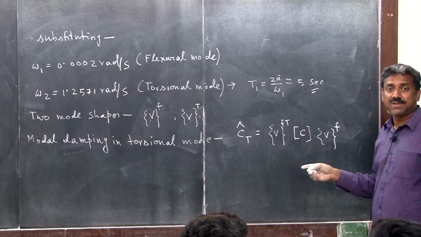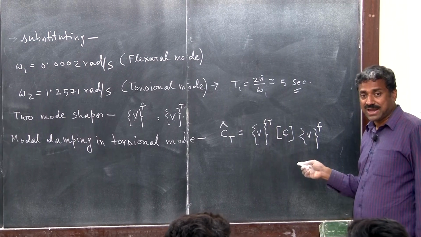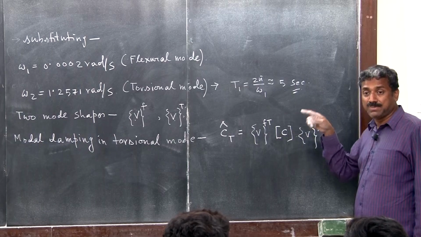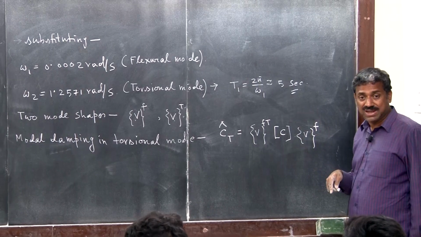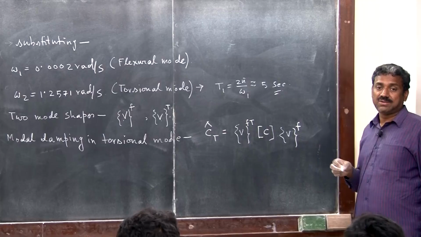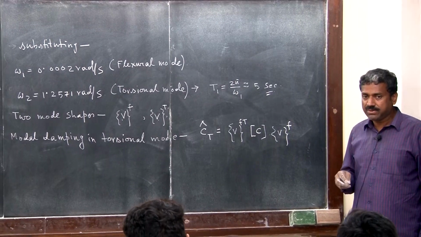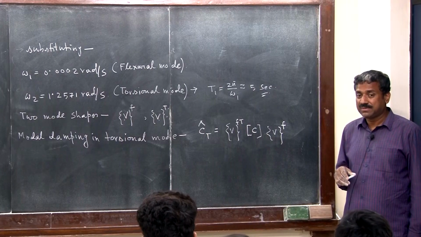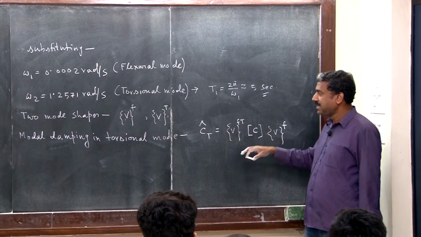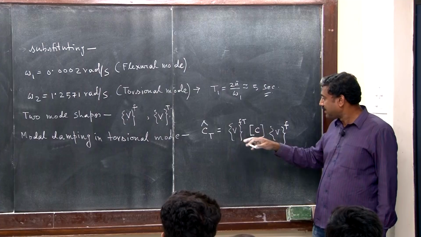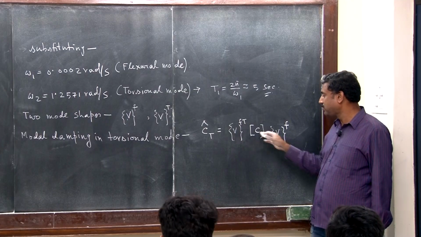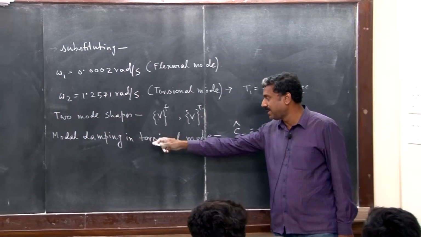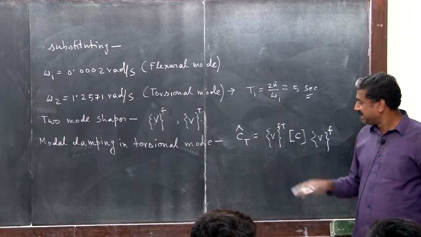This is how to calculate modal damping, right? These are uncoupled because the off-diagonal terms are 0. So don't care about classical and non-classical, though yes, it is non-classical. This is for torsional because we are calculating modal damping in the torsional mode, so we should use the torsional eigenvector. Is that fine?